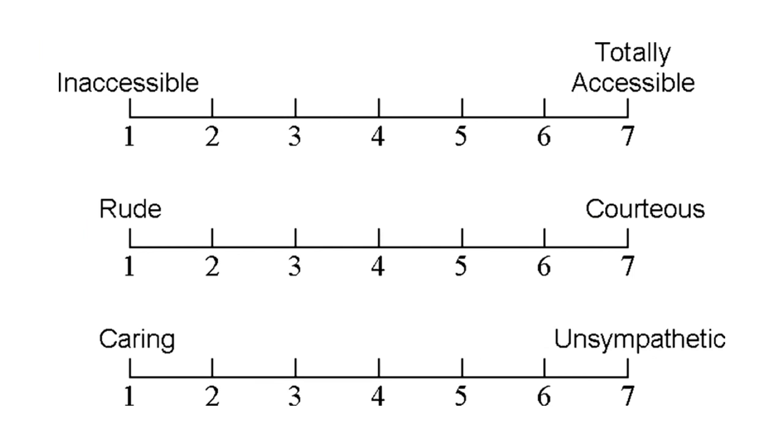For example, you use the words inaccessible, totally accessible. Others would say that your semantic differential scale is actually derived from your Likert scale; it just modifies the words being used. So let's say, for example, rude, courteous, caring, and sympathetic. Then they mark it, and you'll be able to quantify how they find the quality of care given to them.